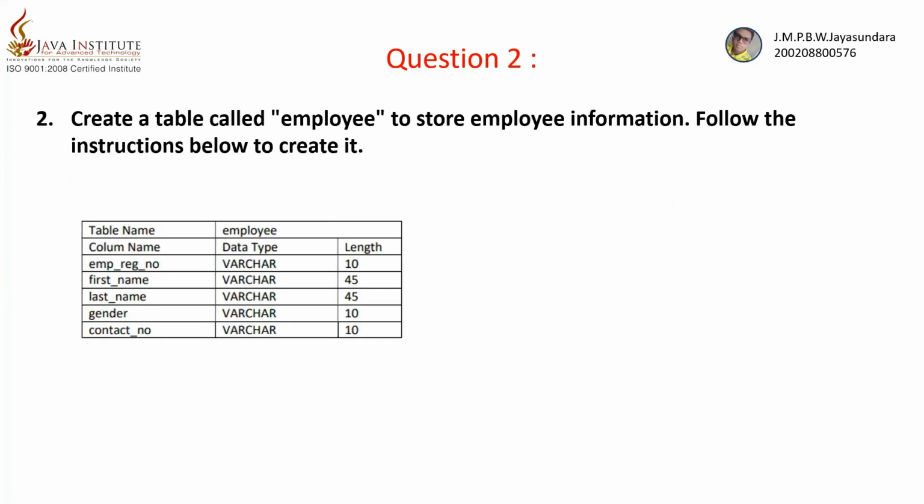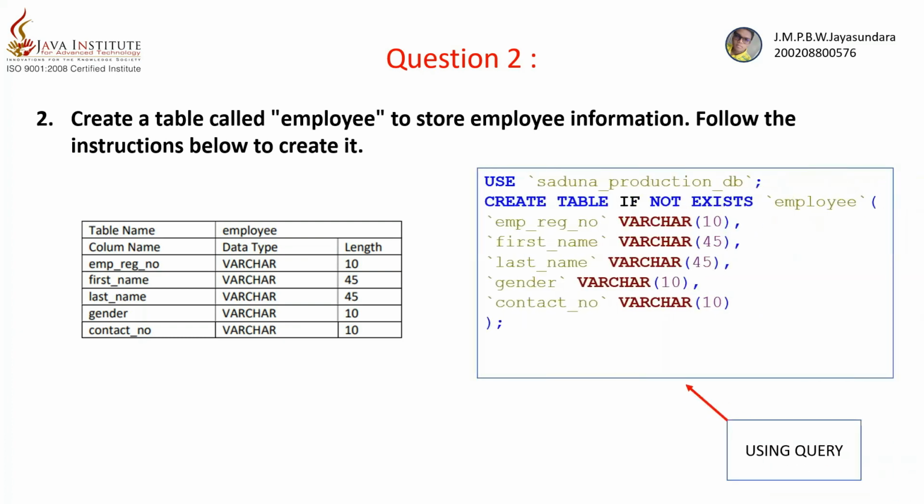Here we have our second question as create a table called employee to store employee information. Follow the instruction below to create it. Table name is employee. We can create this table also using two methods as manual and using a query. Here we have our query that we are going to use to create our table called employee.